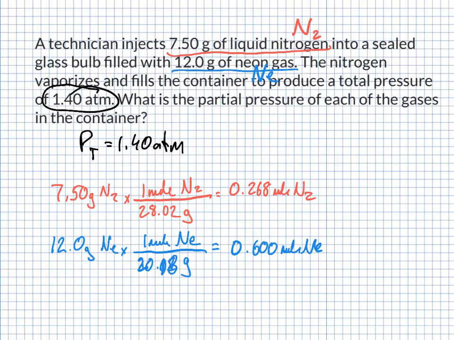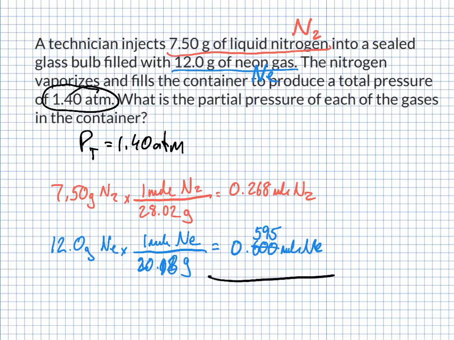Okay, 20.18. Let me just double check that math. 20.18. 0.595. Okay, great. Okay, so those are my individual moles.